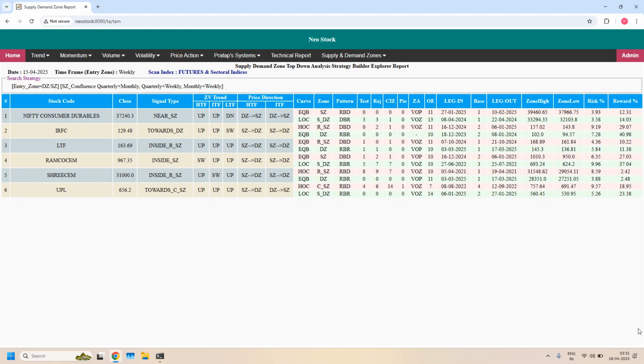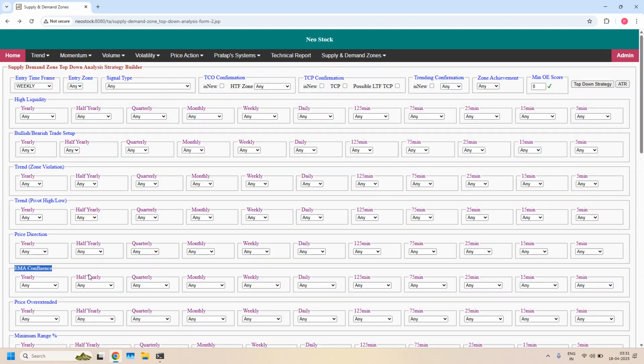Out of these 6, let us verify how many of these quarterly supply zones are having quarterly EMA confluence. In the EMA at quarterly, I'm selecting quarterly supply zone having quarterly EMA confluence. At the same time, trend on the quarterly should not be sideways. Can be up or down.